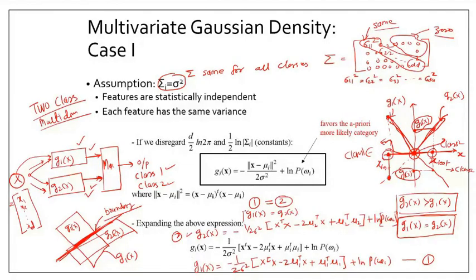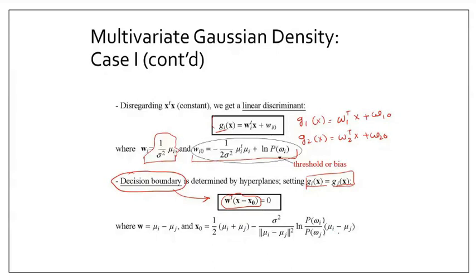If I solve this and simplify it, you try this at home, try to bring that simplification into this form: W transpose (X minus X0), where W is given by this equation.